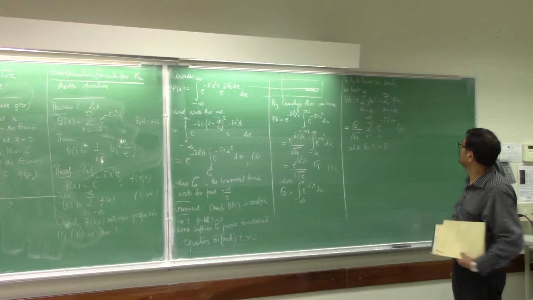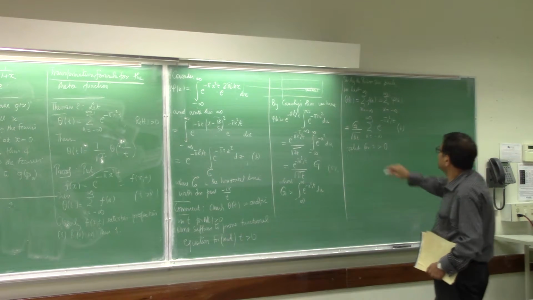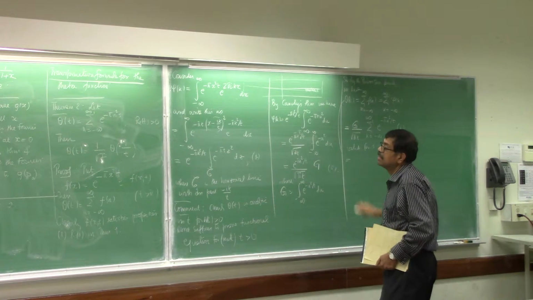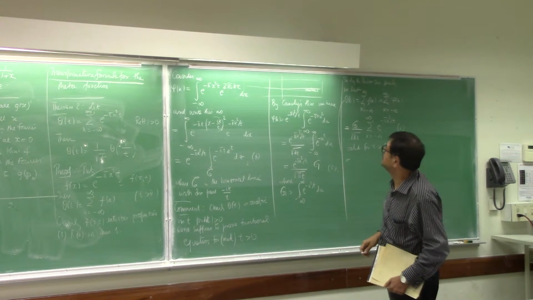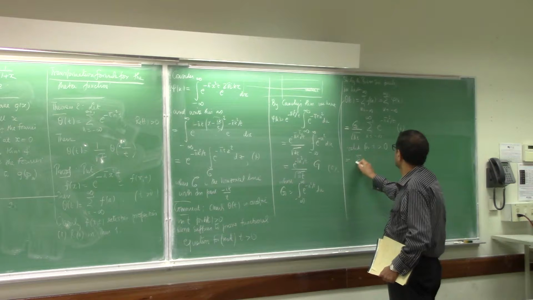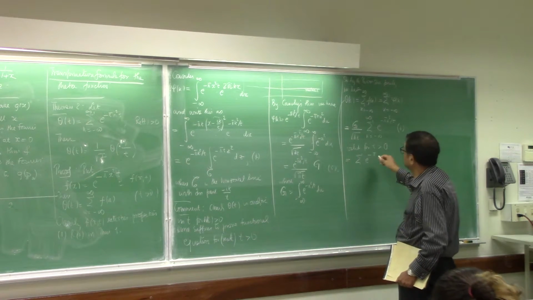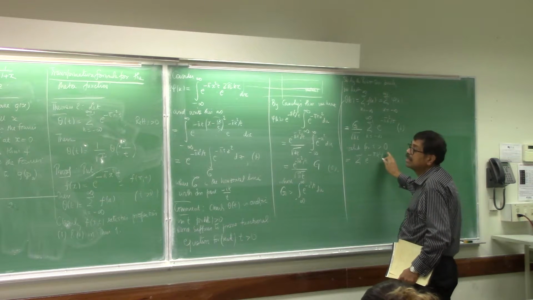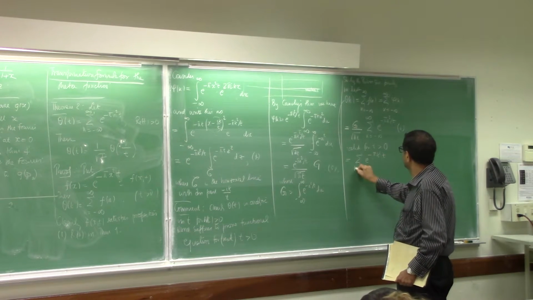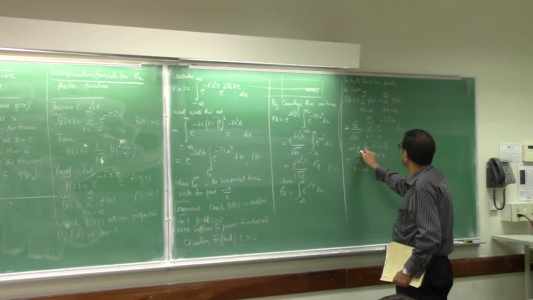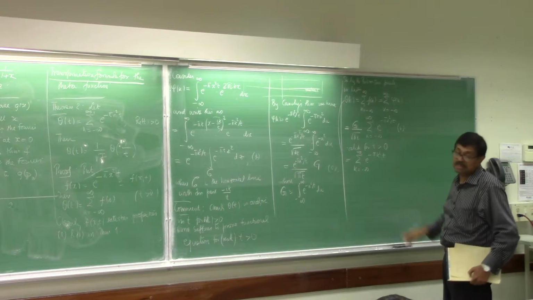Now, what is theta of t? Theta of t is the summation e to the power minus, I'm going to put a k here instead of n. Right? So that is equal to this.